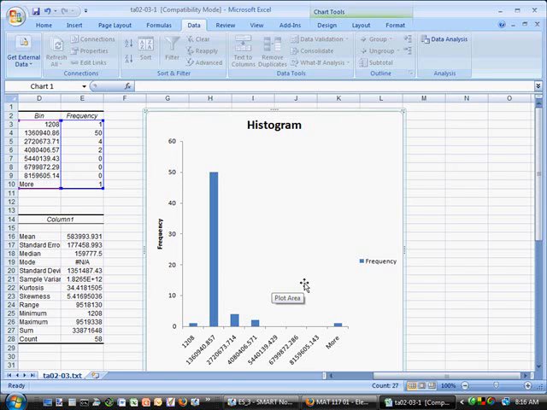Now remember what this means. This is the number of counties with 0 to 1,208, and then this is the number of counties with 1,208 through this big old number, and so on. I would do something like this. This comes out to about 1, and this one comes out to about 50.